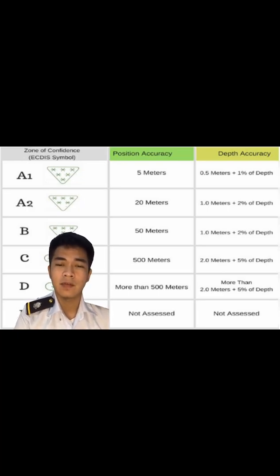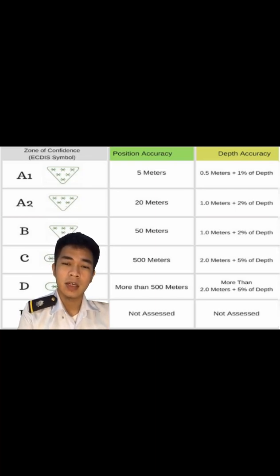A2 contains 5 stars, B contains 4 stars, C contains 3 stars, and D contains 2 stars. And when you see the ECDIS symbol letter U, it means it is an unassessed area.